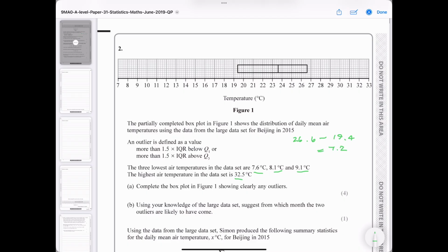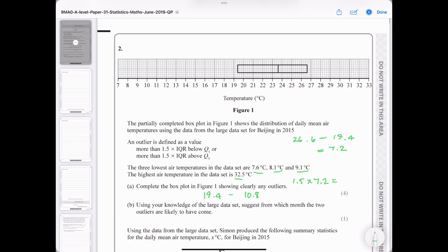So the 1.5 times 7.2 equals, hang on, let's try going off the thing I was just doing, and so that's 1.5 times 7.2 equals 10.8.